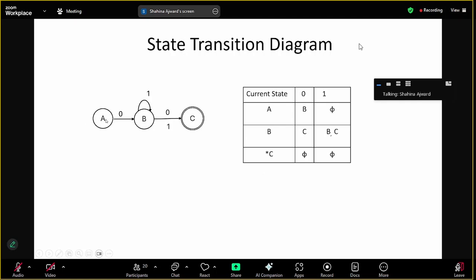Now we interpret our state diagram into a state transition table, right?